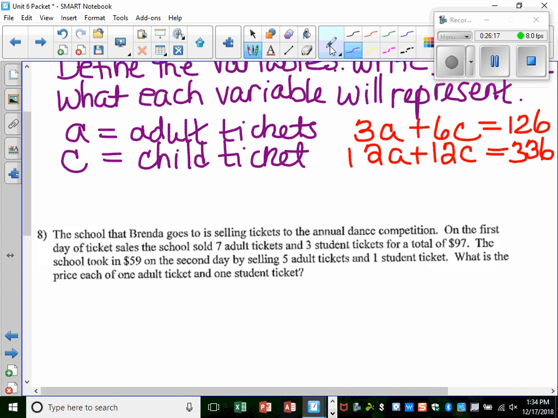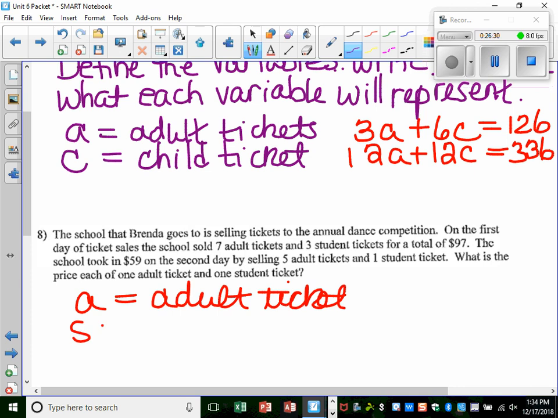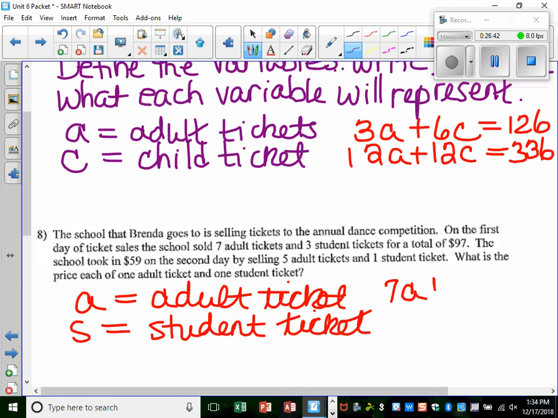Again, you can define the variable however you like. I'm going to say A for adult ticket, and S for student. On the first day, we have 7A plus 3S equals 97.